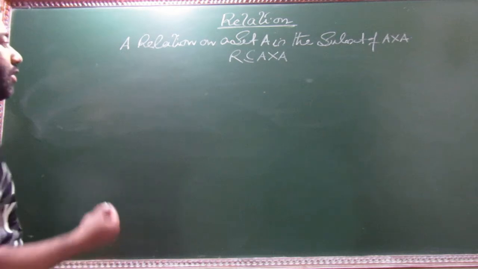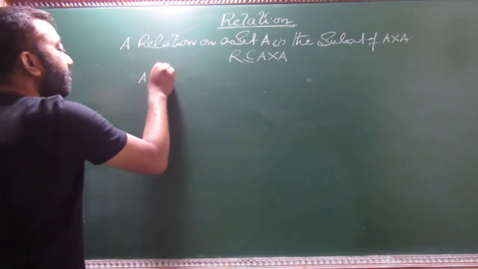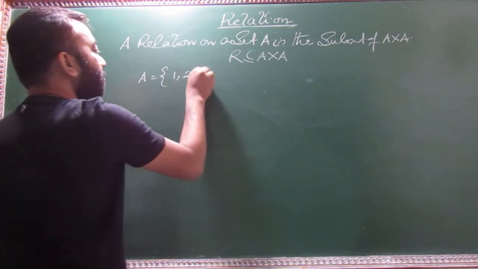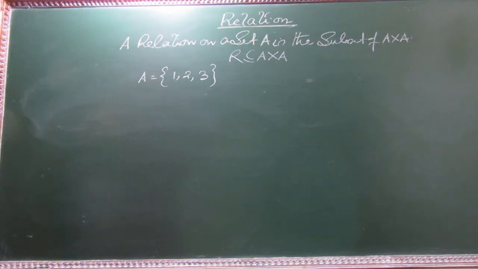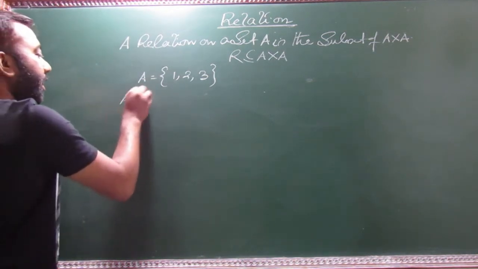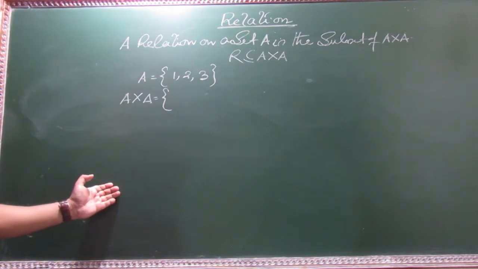Now I am going to give the example. Consider a set A is {1, 2, 3}. Now what is A cross A? A cross A was written here just a few minutes before.